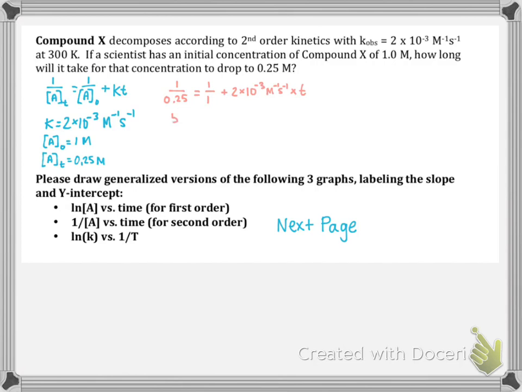So this is going to be 5 equal to 2 times 10 to the minus 3 molar inverse, second inverse times t. So then we just divide and get a time equal to 1500 seconds. Okay, so not too bad. I really do think it helps to organize your information. It helps you keep track of what you have and what you don't have.